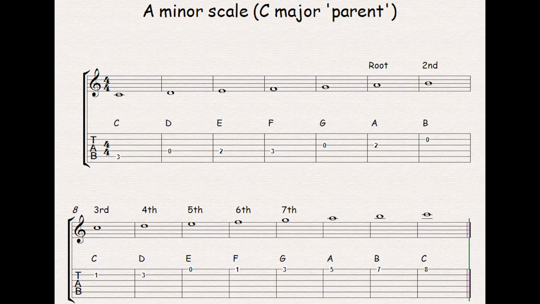So if we started it, say, on A, and then did the root, third, fifth combination, you're going to get basically an A root this time, and the third is C, so you'll notice that's a minor third straight away, and then the perfect fifth is E. Okay, so we're going to get an A minor chord.